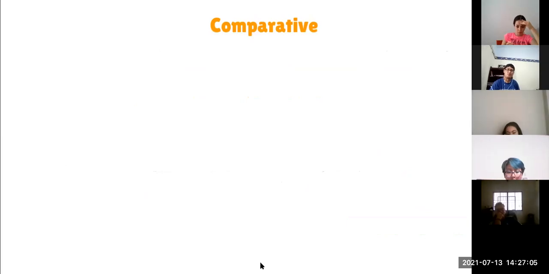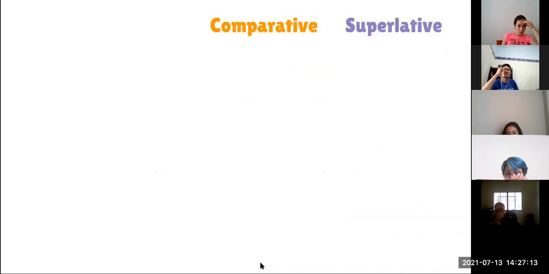Let's see here. What is the most important part when we use comparatives? What do you think is the most important element for when we form comparatives? And superlatives, it's exactly the same element. What do you think is the most important element when we want to form comparatives and superlatives?